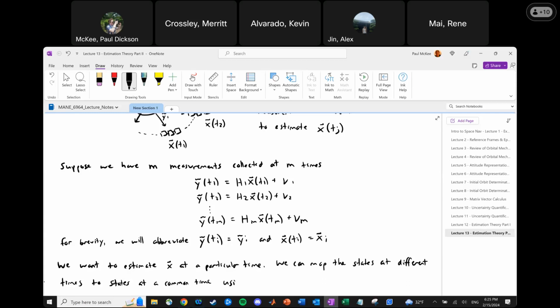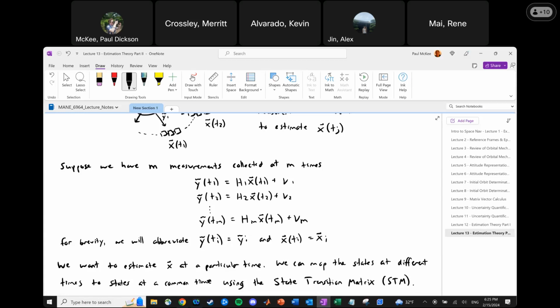Using, drum roll please, those of you that have taken systems analysis techniques or any fancy controls courses will definitely have seen this before. Using the state transition matrix, or STM.